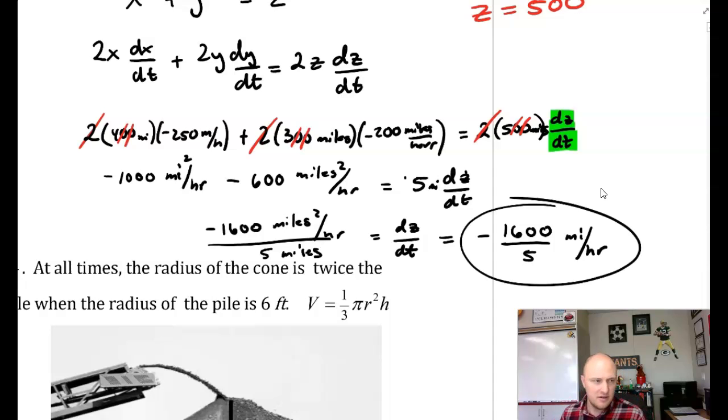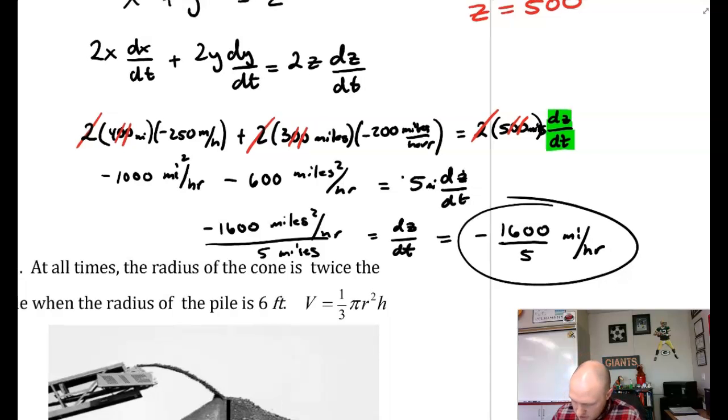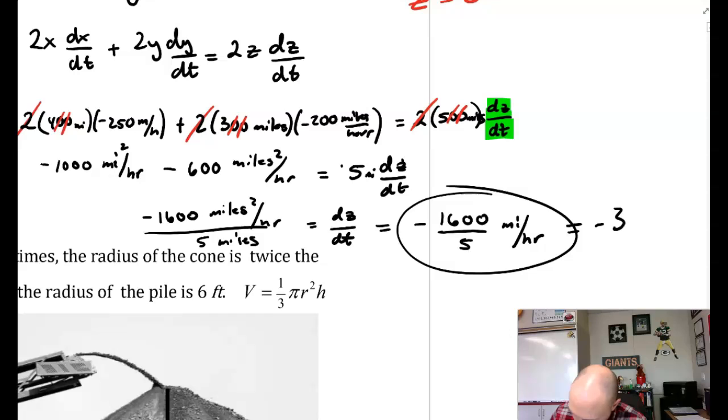And there you have it. That is your answer. Negative 320 miles per hour.